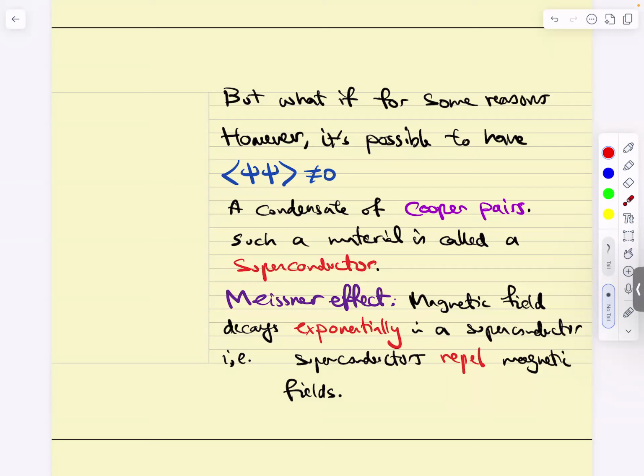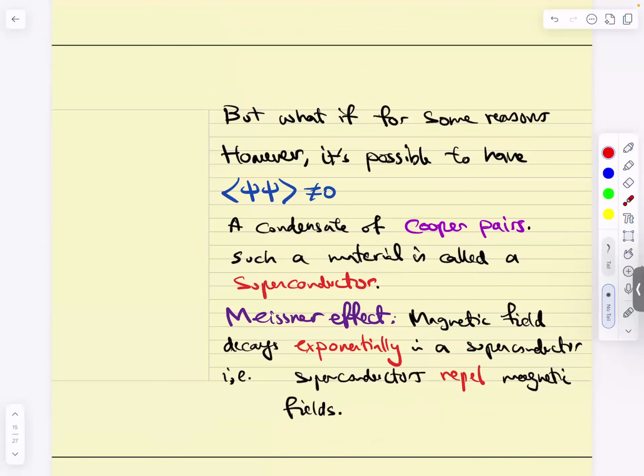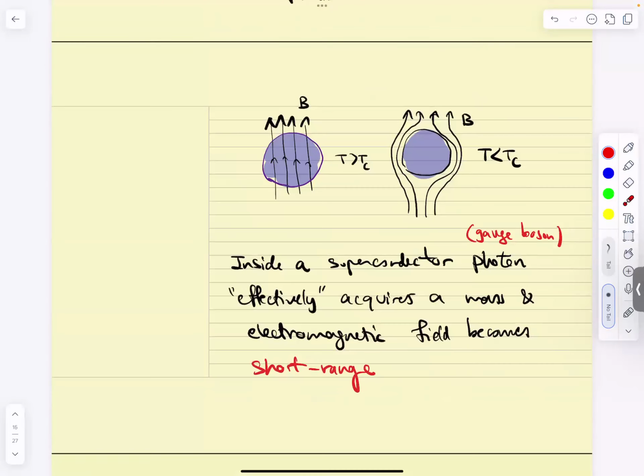Is the QED force now long range? If what I just advocated is correct, there should be an effective mass for a photon in a superconductor. That's why it doesn't feel the electric field. It repels the magnetic field. That's what this is: the Meissner effect.